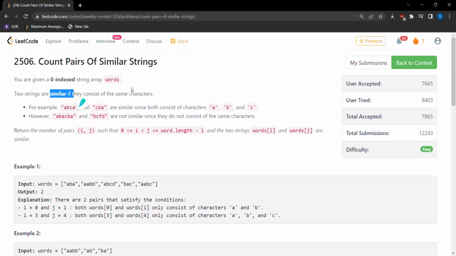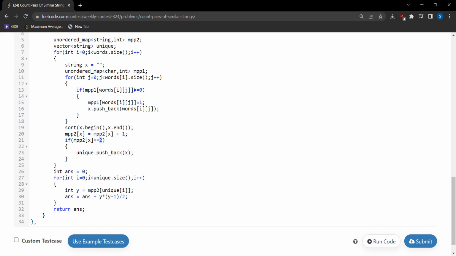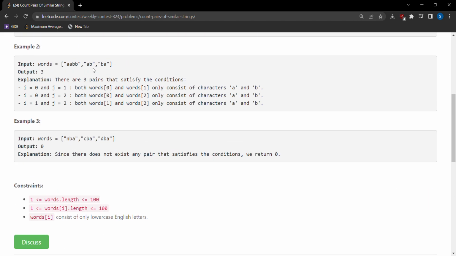Okay, so for a string to be similar, there should be a string that has already been in the array before that, right? Like in this particular example, if a, b is our string x for this case, there hasn't been any ab before that, right? So we can't just push back this one, because till now this is not our answer.